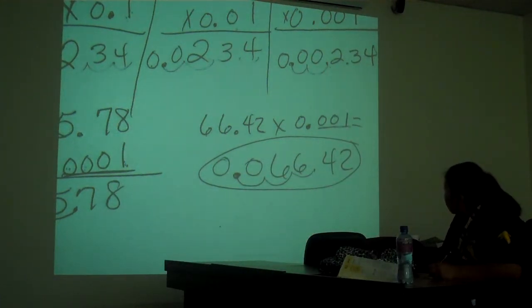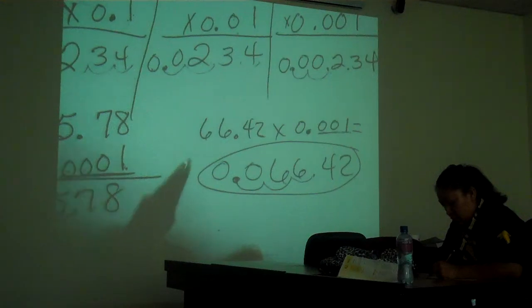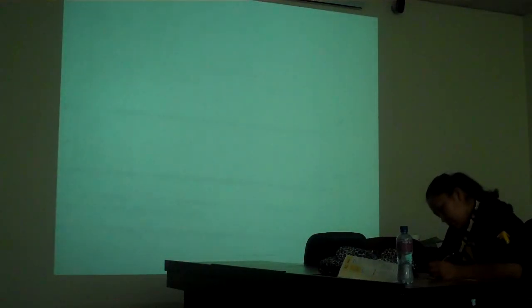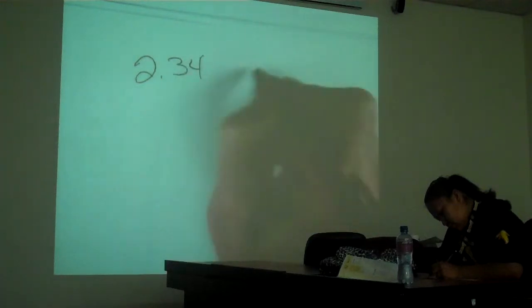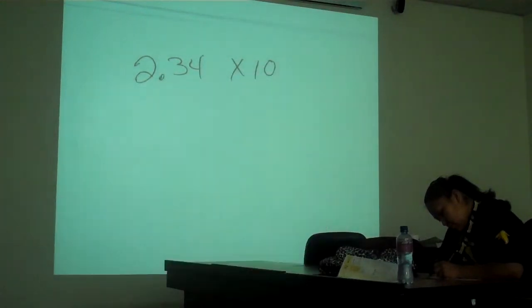Alrighty. Let's do, how about, multiplying by a decimal. What about if you have times 10, times 100? What about that same number, 2.34? What if we multiplied it times 10?